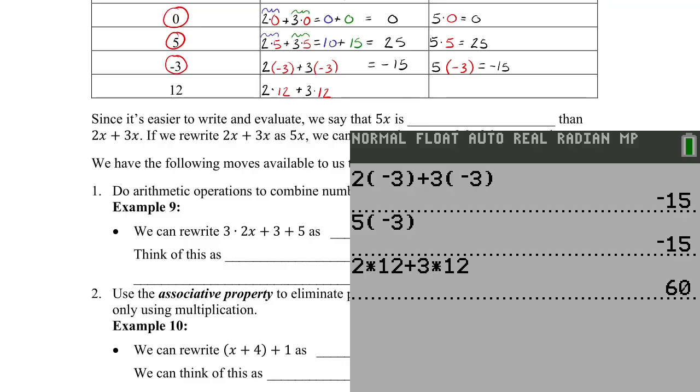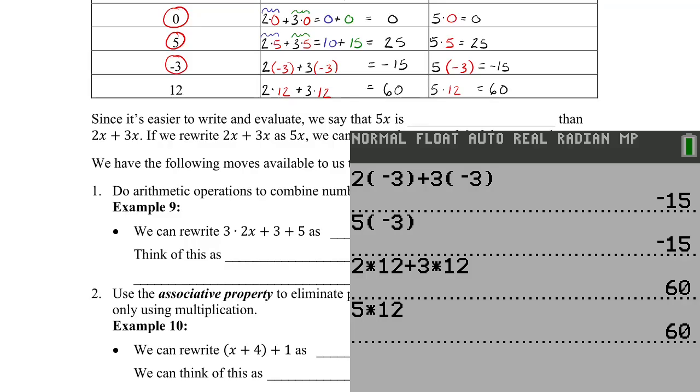I get 60. And for the second expression, I'll have 5 times 12, which is also 60. And so we see that at least for these 4 values of x, each of these expressions works out to give us the same final value.